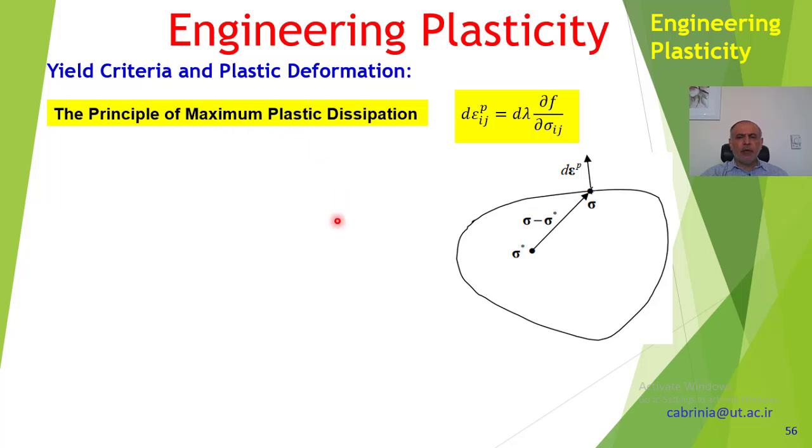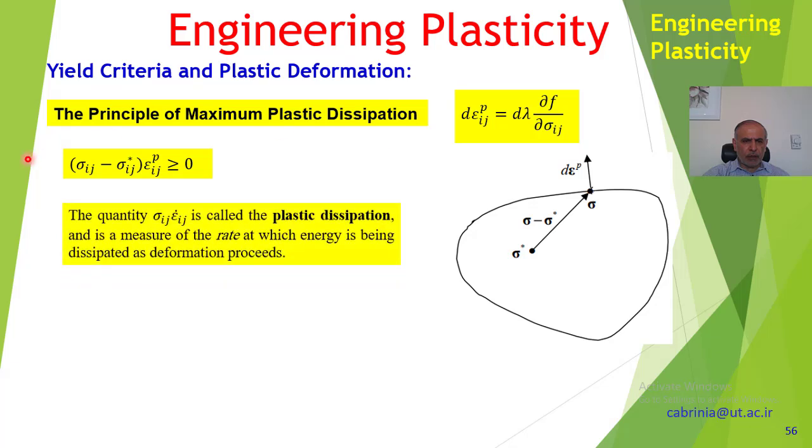Why do we say it's dissipated? Because more than 95% of the energy or work is dissipated as heat, and the rest of it is dissipated inside the lattice in order to make the distortion in the lattice. So that's why we say plastic dissipation, and it is noted by this epsilon p.